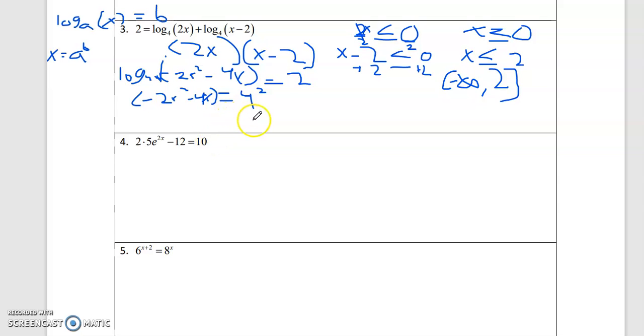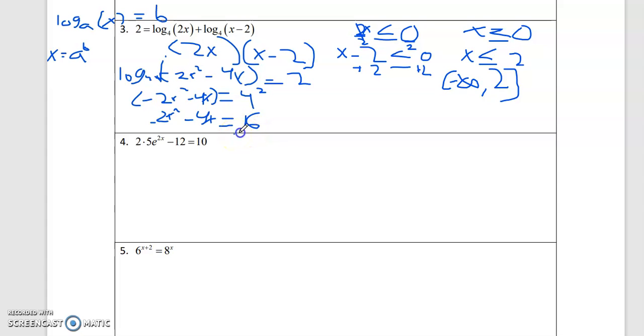And now you can simplify, make it 16. So you got negative 2x squared minus 4x equals 16.